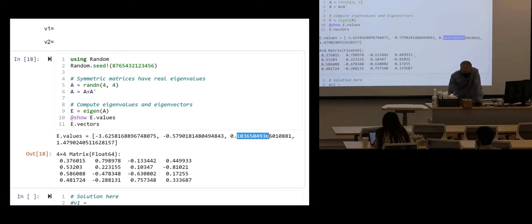Any vector with a component along this one gets crushed by 0.1, 0.1 squared, and any vector with a component along that direction gets amplified by 1.5 each time it goes through the system. So tell me, what is the set of all initial conditions that would give rise to a bounded solution?